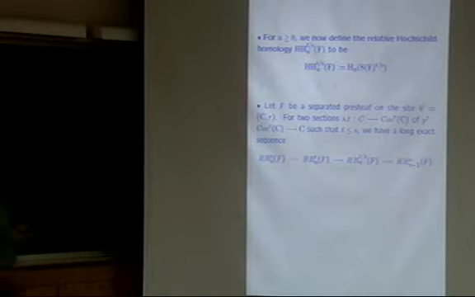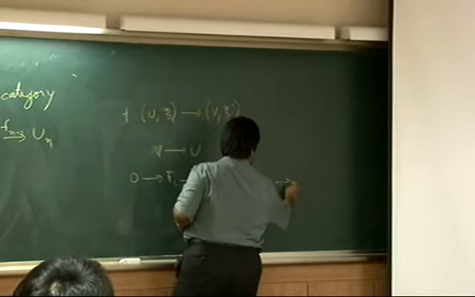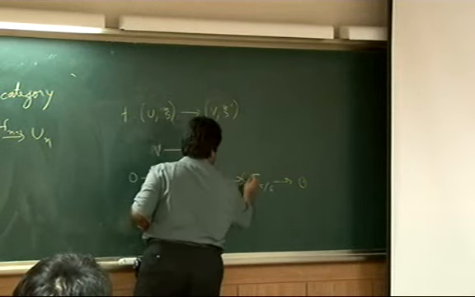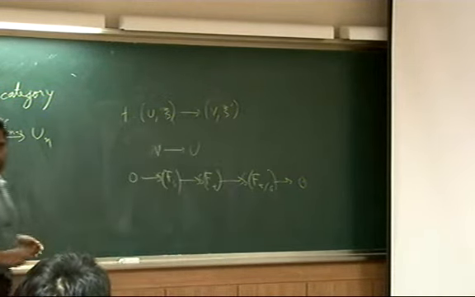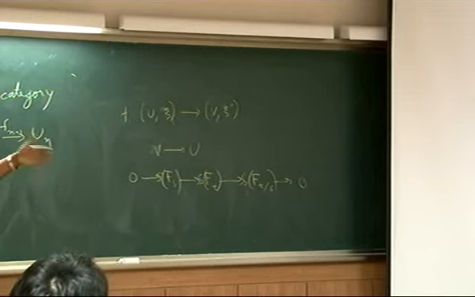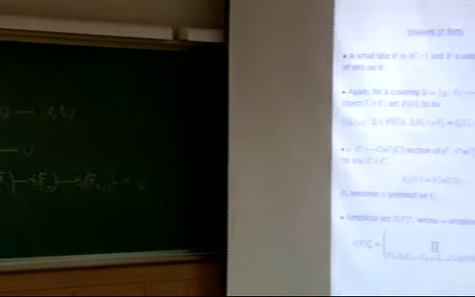And now it's pretty easy to see that because we have a short exact sequence, Fs, Ft, Ft over S, and that also gives me a short exact sequence like this, I can apply the Hochschild homology throughout, and I will get a long exact sequence which puts the relative Hochschild homology group inside the other group. So that's how.